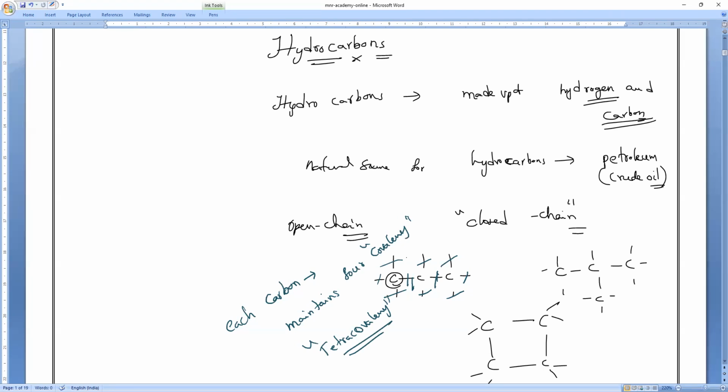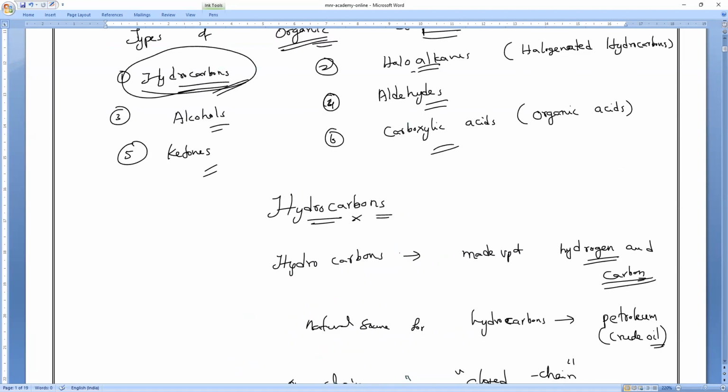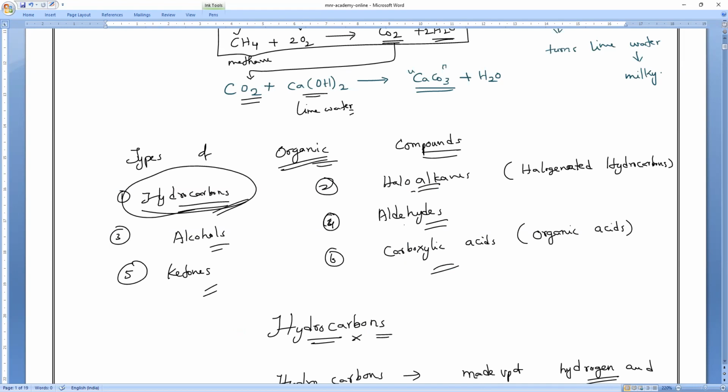The other organic compounds are derived from hydrocarbons: aldehydes, haloalkanes, alcohols, ketones, and carboxylic acids. Everything is just replacement of one or more hydrogens of hydrocarbons.